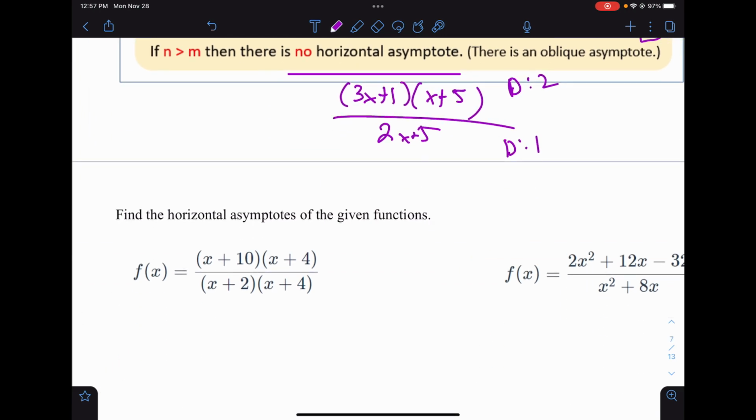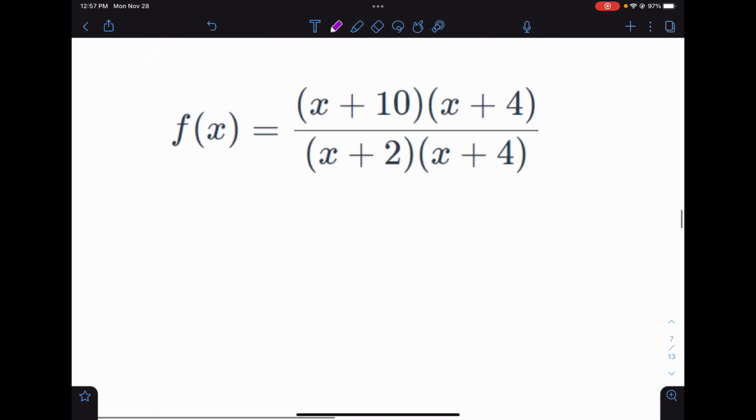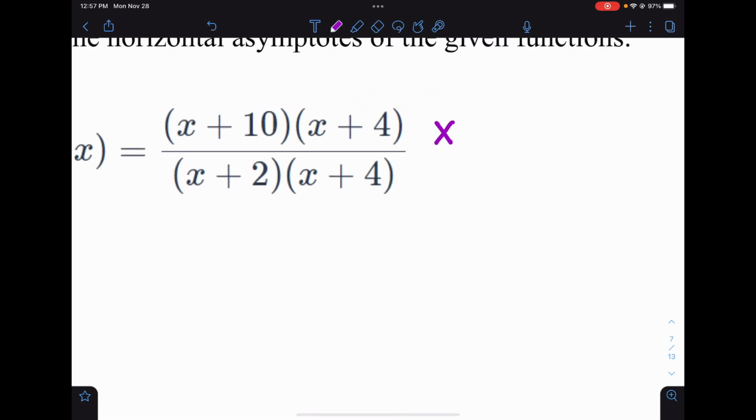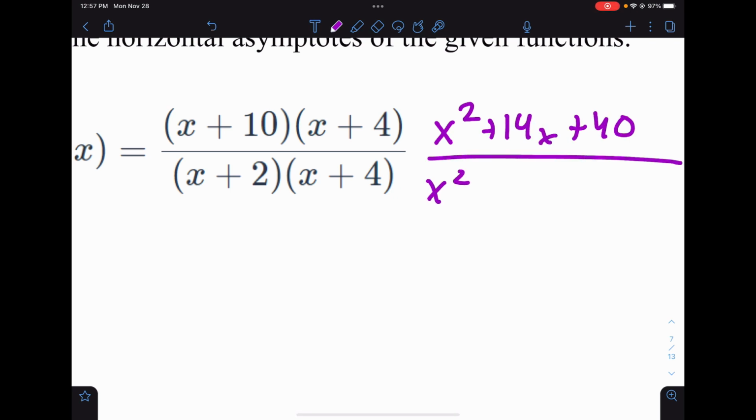All right, so they want us to find the horizontal asymptote here. So first we have to figure out what case we have, all right? If we were to go ahead and multiply this out, we get x squared plus 14x plus 40 on the top. And on the bottom, we would get x squared plus 6x plus 8. So the degree of our numerator is equal to the degree of our denominator.